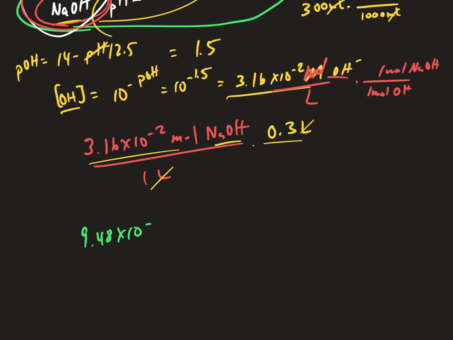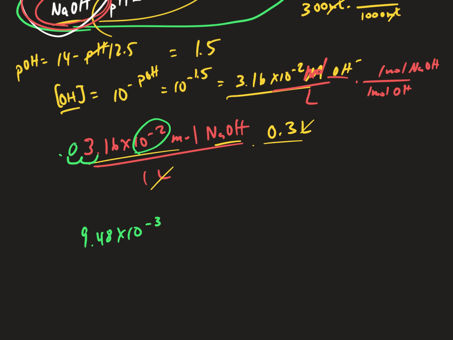Now I want you to realize something here. This is 10 to the negative 2, so if you put it in regular notation, it's that, right? If you times it by 0.3, it's going to make it smaller, but not 10 to the negative 13 smaller. 9.4 times 10 to the negative 3. So just pay attention about that.